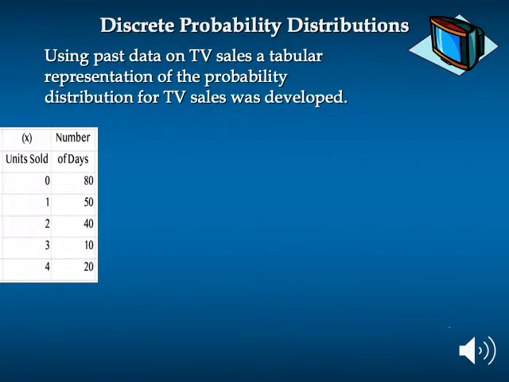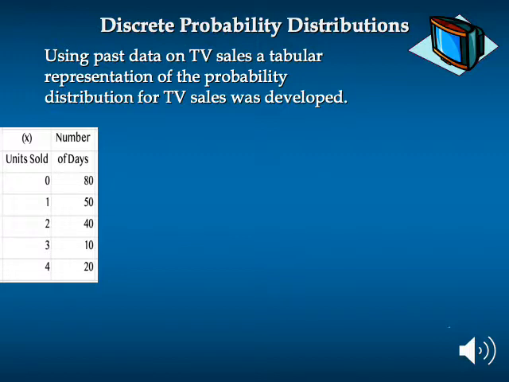Discrete probability distributions. Here's back to our TV store. Using past data on the TV sales, a tabular representation of the probability distribution for TVs was developed. Remember what our example showed. The units sold in a day were somewhere between 0 and 4.